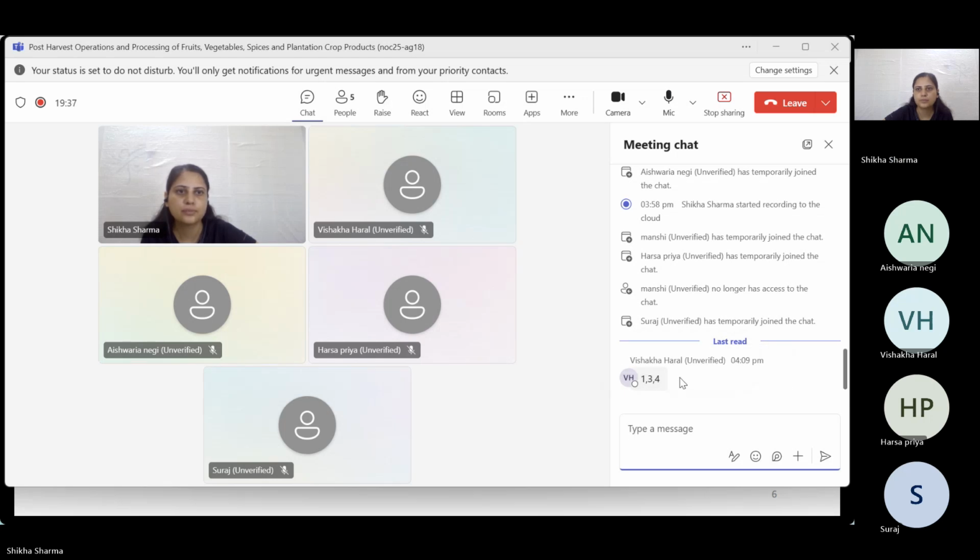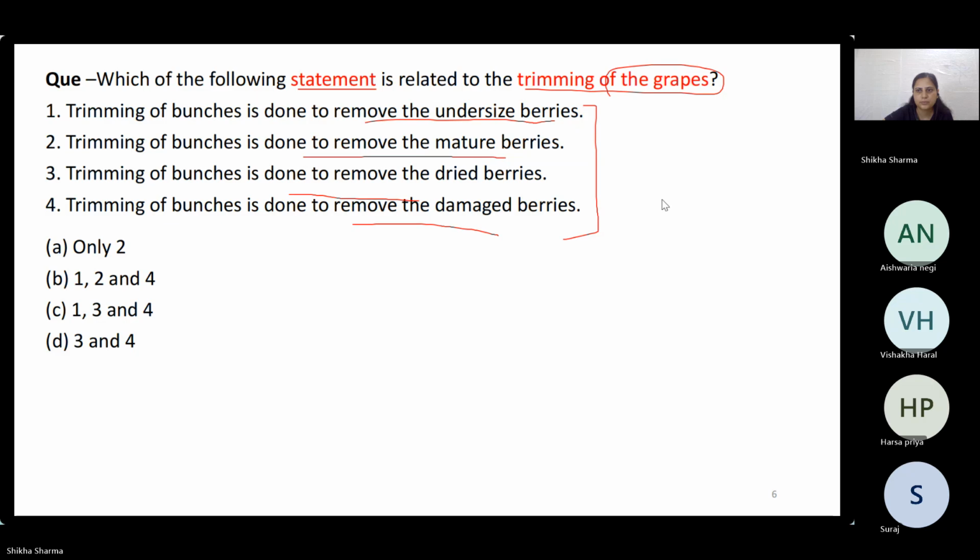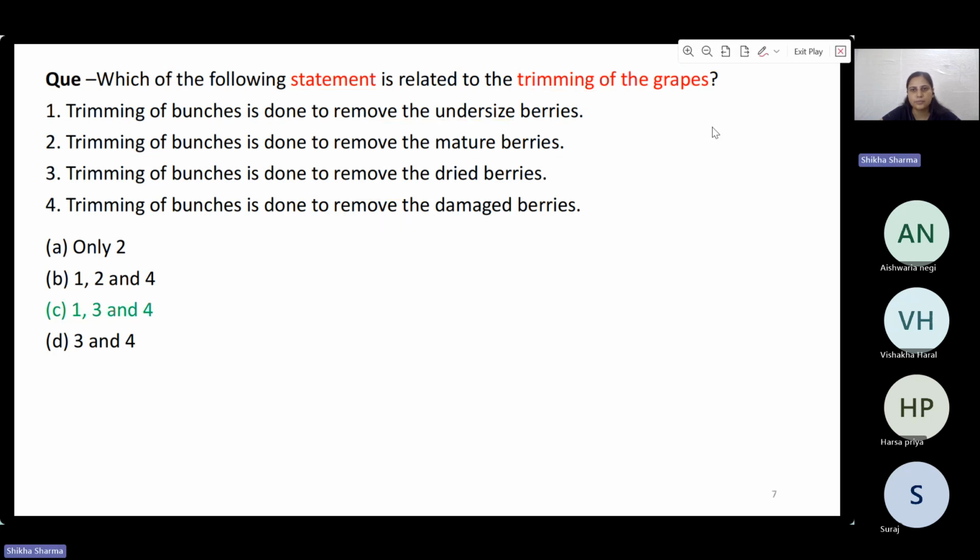Anyone else? Okay, let's see the answer. She's correct that 1, 3, and 4 are the correct answer. Suraj, yes. So 1, 3, and 4, option C is correct.